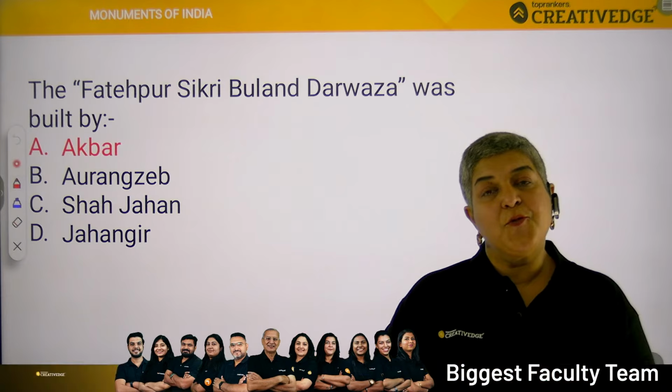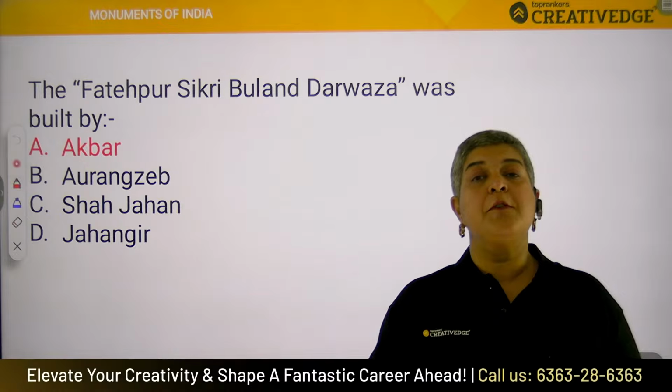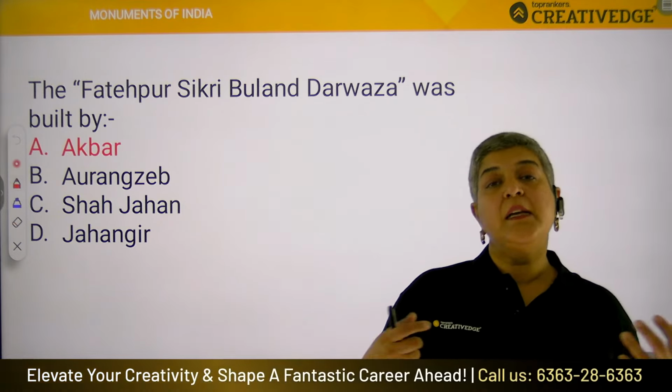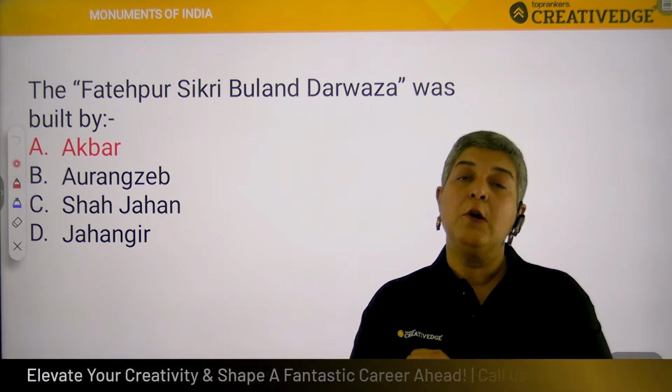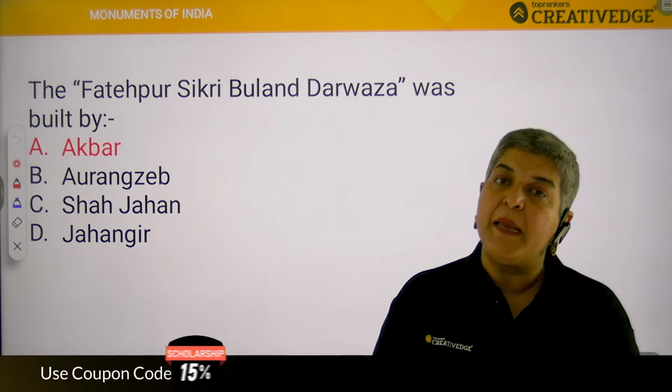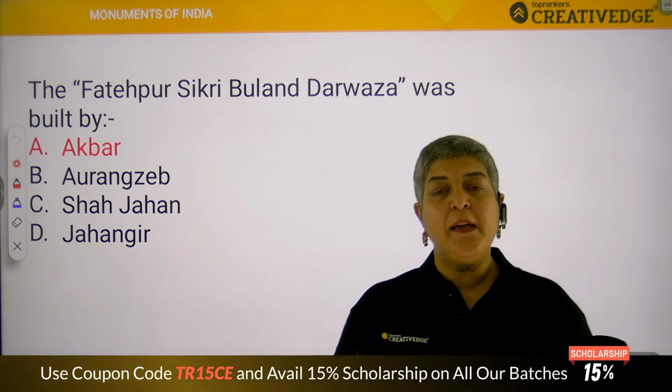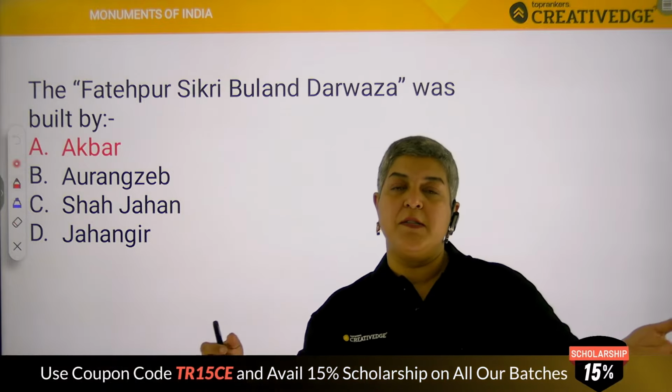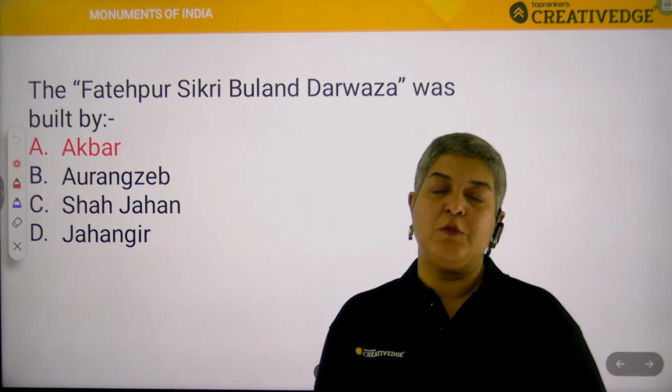So you can see the influence of a lot of Rajasthani architecture also on the buildings that have been made post Akbar. Okay, like while Akbar was the king, and so on and so forth.